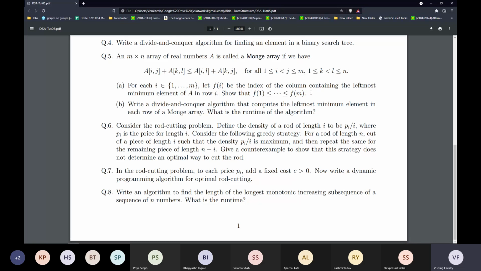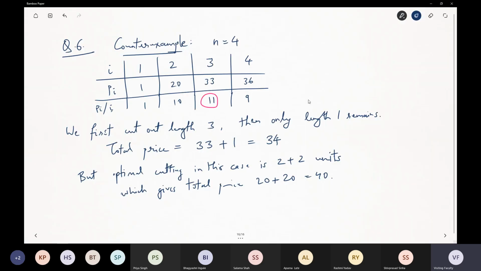Okay, so the answer is very simple. What to do is the following. Given an array A, of length n, use some sorting algorithm. First sort the array.